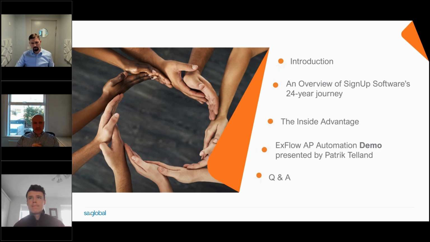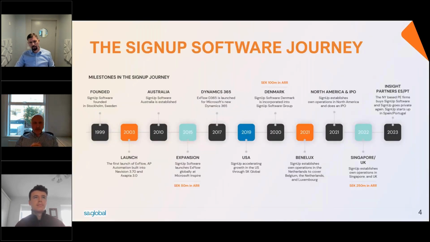Yeah, so let's take a quick look at that history. So as we can see, this is a potted history of SignUpSoftware, founded in 1999 in Stockholm, Sweden. Then in 2003, the first launch of ExFlow, which was built for Navision and Exacta. So happy 20th birthday to ExFlow.